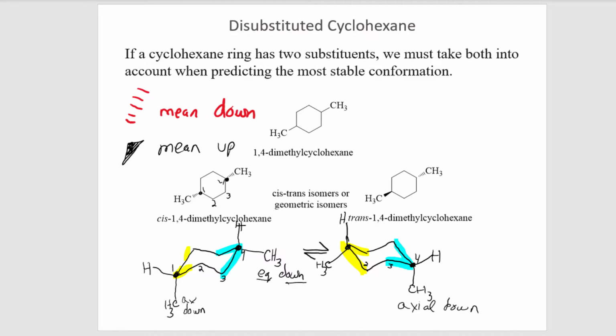These are the two conformations for the cis isomer. What you'll notice is that in one, you have an axial methyl and an equatorial methyl, and in the other, you also have an axial methyl and an equatorial methyl. So I'm going to keep the equilibrium as 50-50 because one is neither better than the other. Let's do the cyclohexane for trans.